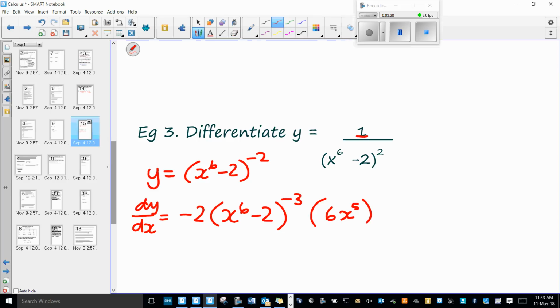We could multiply these two together, so we could write negative 12x to the 5. But if you left it like this, I'm sure you would get full marks. Okay, so we would rewrite an example when it's just one expression on the bottom. Okay, that's good.